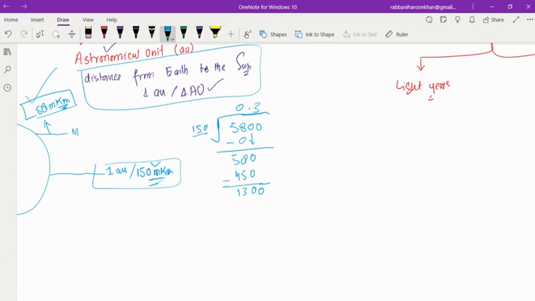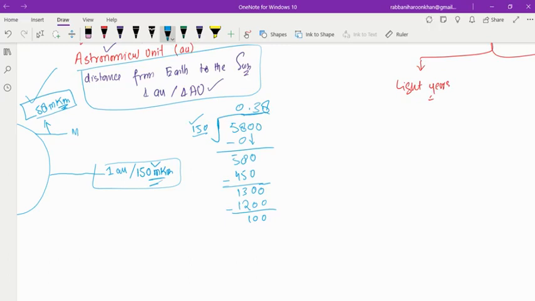So how many times does 150 go into 1300? 150 times 8 becomes 1200, so again we get 100.